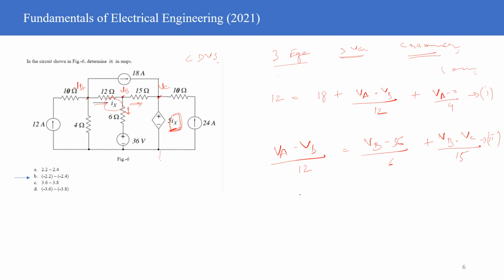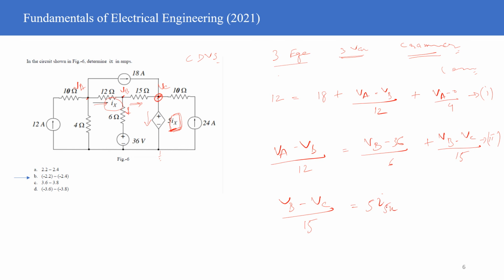And then at VC, what will be the equation at VC? This particular node, it will be VB minus VC divided by 15 is equal to the current. Let's say the current here is 5 times Ix.